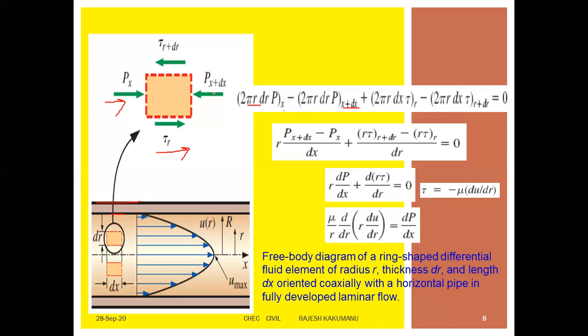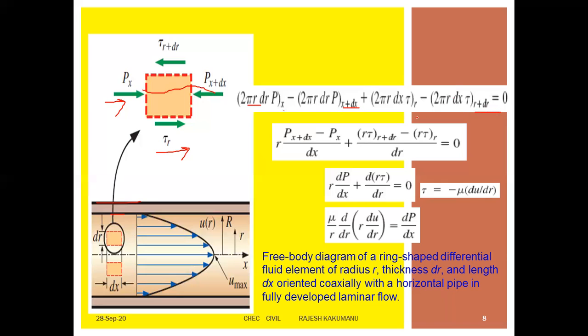Subtract r from r plus dr. Therefore 2 pi r dr p at x minus 2 pi r dr p at x plus dx. We are adding plus 2 pi r dx tau r minus 2 pi r dx tau at r plus dr.